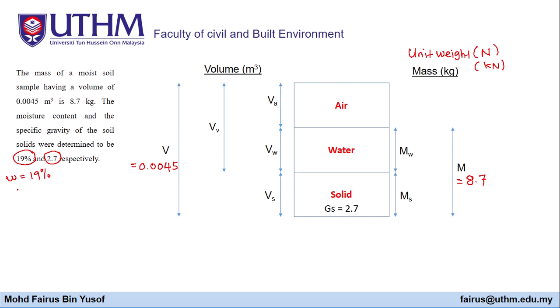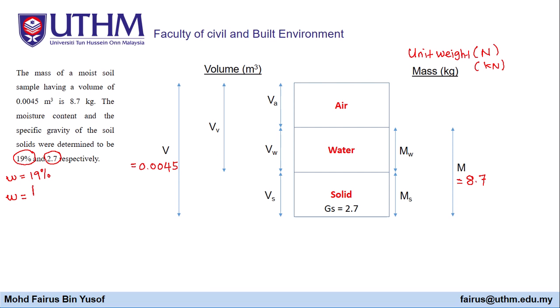Okay, the first step, you know that the moisture content is 19%. So what is the equation to calculate the moisture content? The moisture content is equal to mass of water in the soil divided by dry mass or mass of solid.